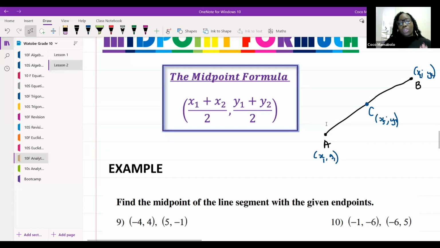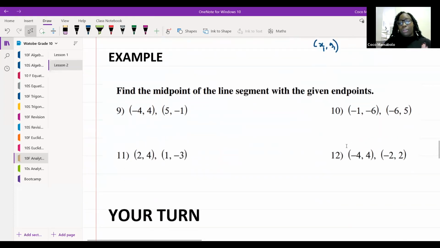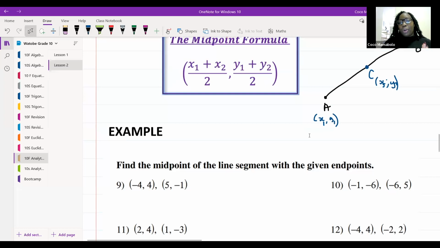I want you guys to watch what I'm going to do very quickly. Did we all write down the midpoint formula? Write it down if you haven't. If I want to find the midpoint of A and B, I'm going to do this. We'll name this one X1 and Y1, and this one X2 and Y2.